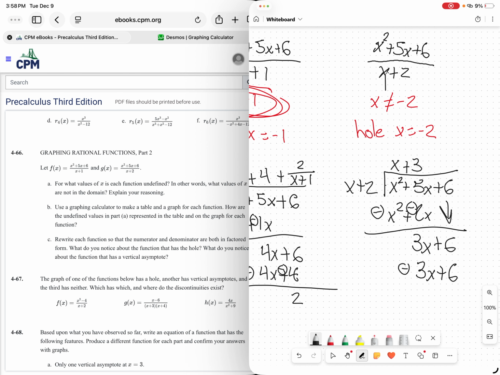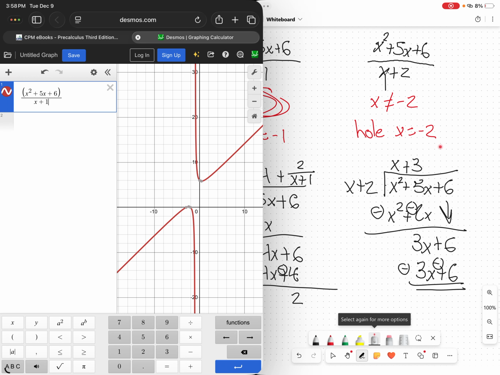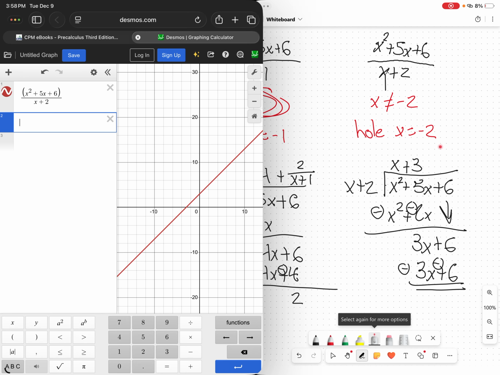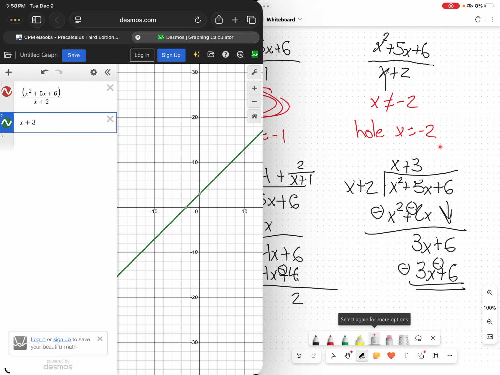And if you look here, no remainder. So when we have no remainder, this is our slant or our line. And we have a hole here because there's no remainder. So again, you can see if we change this to x plus 2, it's the same as x plus 3, the line. Right? See that? We just know there's a hole at that -2.